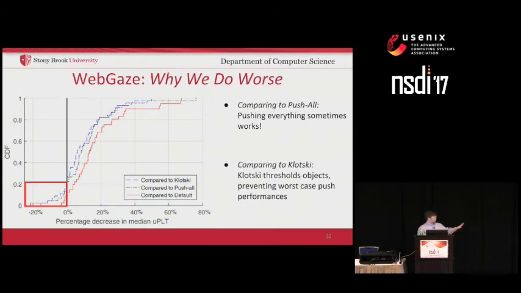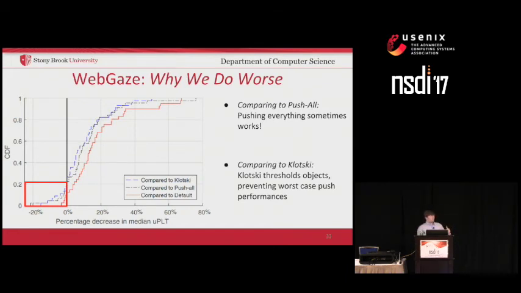We have to mention that we do indeed have a small left tail for the results. So we need to get some intuition as to why we do worse than the alternatives, namely the cases in which push-all and Klotsky outperform us. If we analyze our worst case performance over push-all, it's because pushing everything with HTTP2 server push actually sometimes works. If the sites are small and lightweight, we observed that these sites would render quite instantaneously. So just optimizing a specific subset isn't enough.